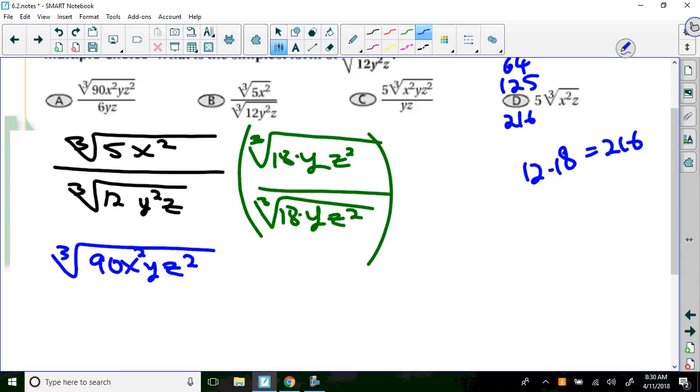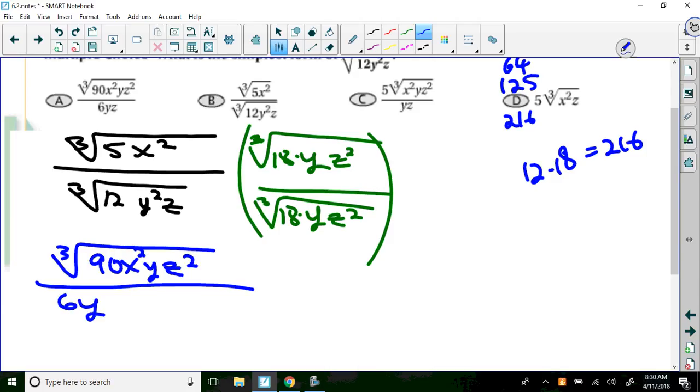In the bottom I'm going to have 216, and we said 216's cube root is what? 6. In the bottom we're going to have y cubed, so y cubed's cube root is y.